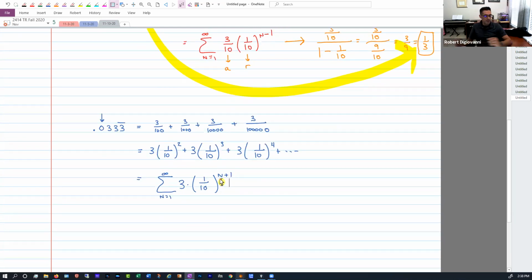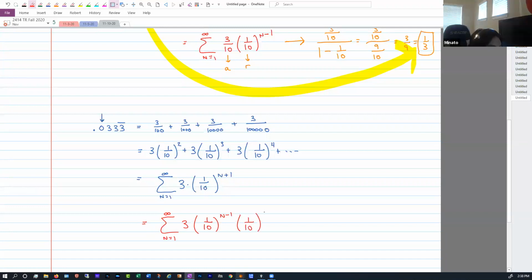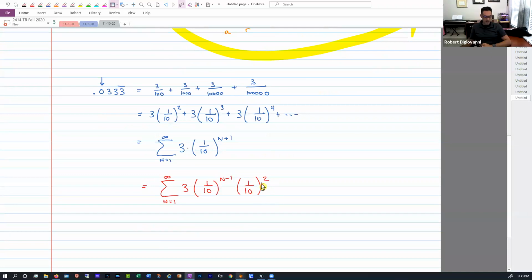But what do we need for it to be geometric? n minus 1. So we're going to have to go in there and get a hidden 0. 1/10 to the n minus 1, and then 1/10 to what power? Squared. It will be 2. What's 1/10 squared? Let's go ahead and put that with the 3. We should get 3 over 100.